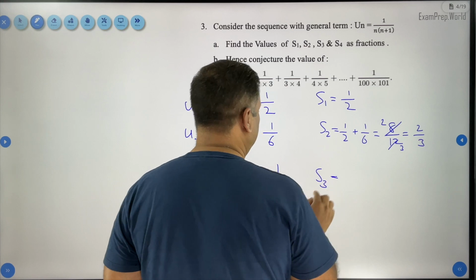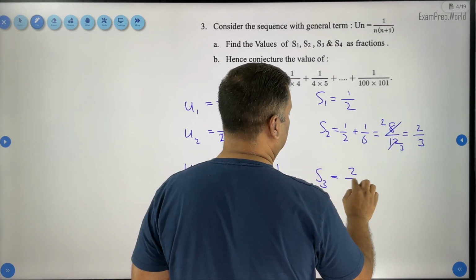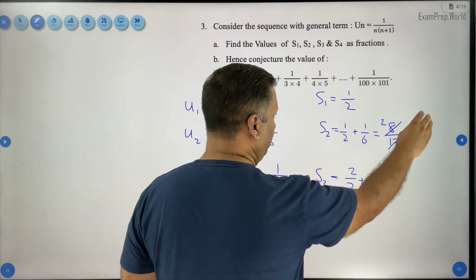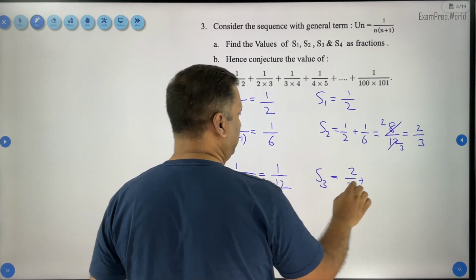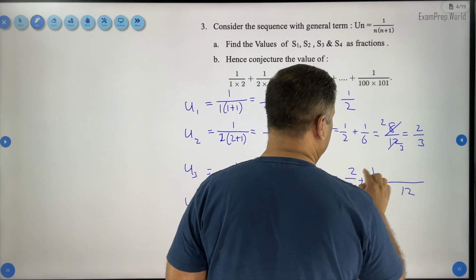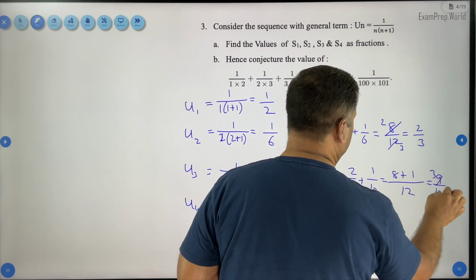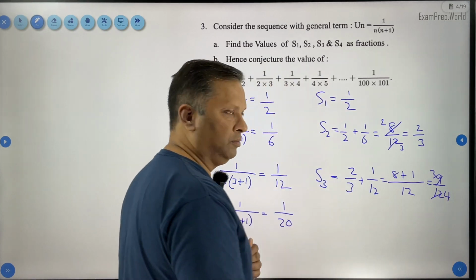S3 will be 2 upon 3 plus 1 upon 12. 2 upon 3 is already here, and you have to add U3, which is 1 upon 12. What is the LCM? 12. 3 times 4, 8 plus 1, 9 over 12.